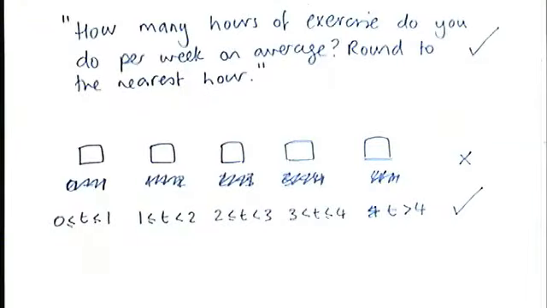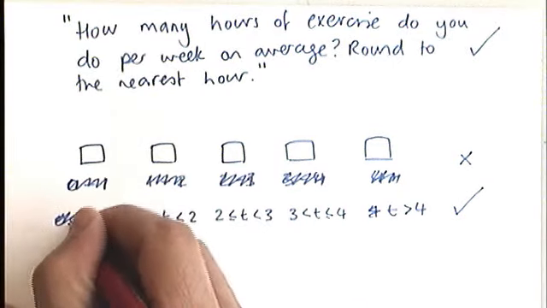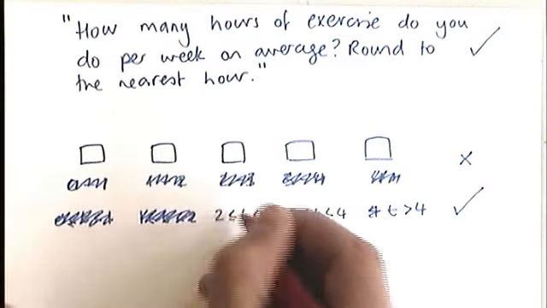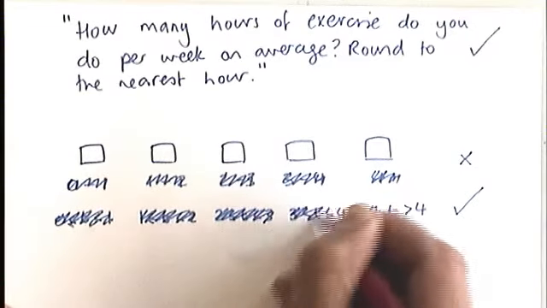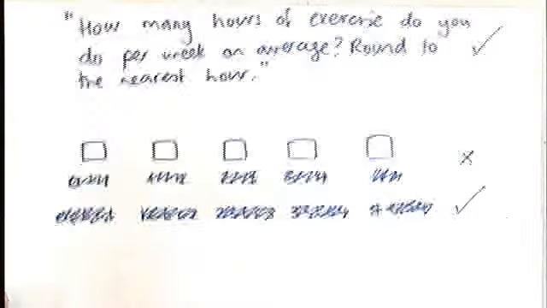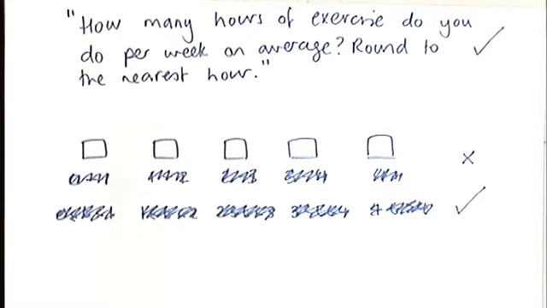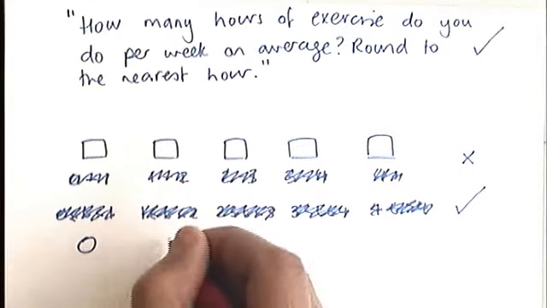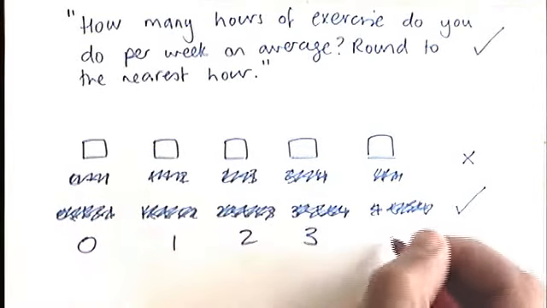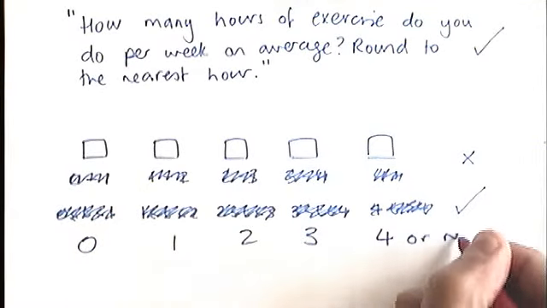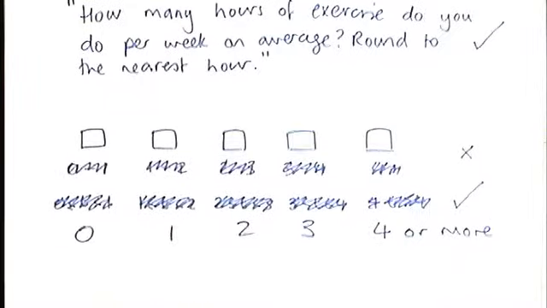then what you've got is you've given the responsibility for the rounding, and all that decision making has now gone to the person who's answering the question. So I'm going to scrub out all of those inequalities, and I'm just going to put in here 0, 1, 2, 3, 4 or more, like that.